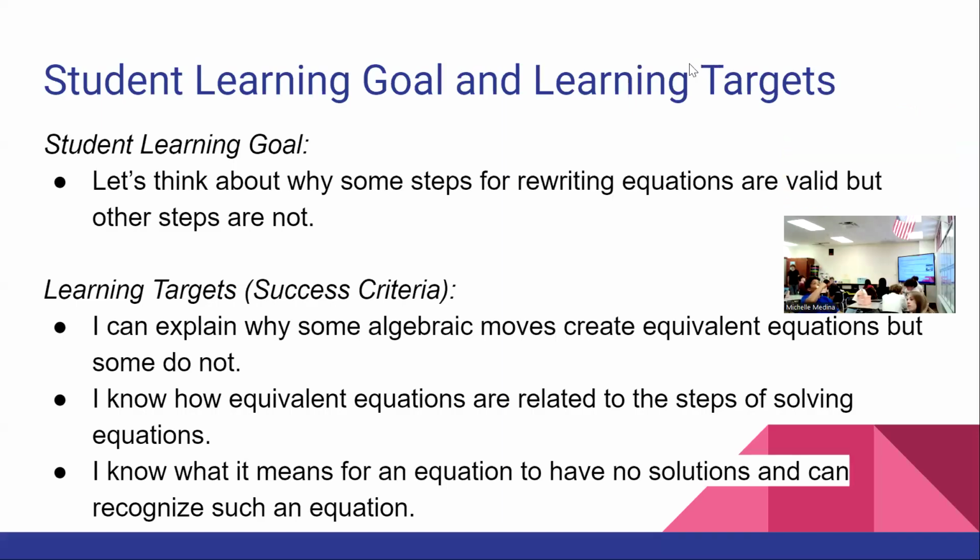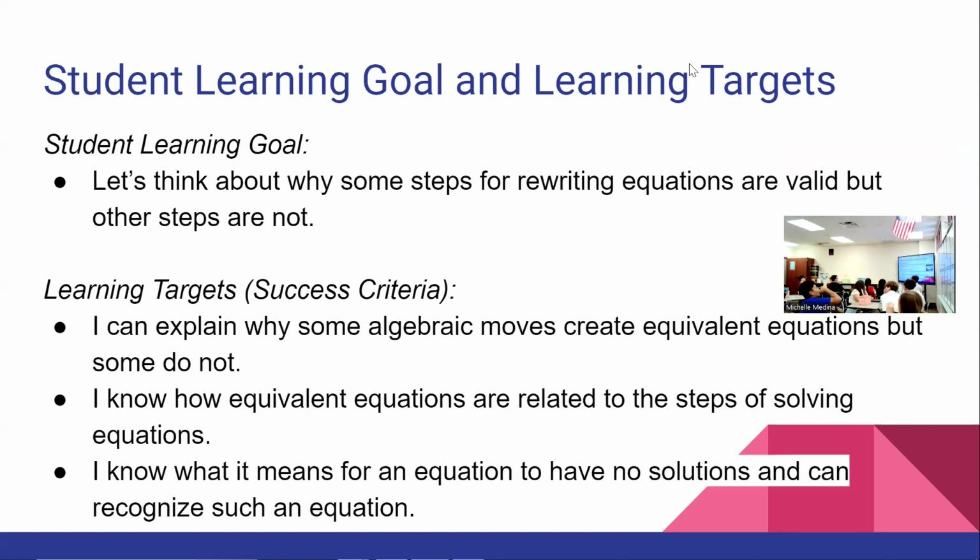Okay. So we wrapped up lesson 6 and 7 today, which honestly could have just been one lesson to begin with, because they both talked about equivalent equations. Lesson 7 specifically was thinking about why some steps for rewriting equations are valid, but other steps are not.